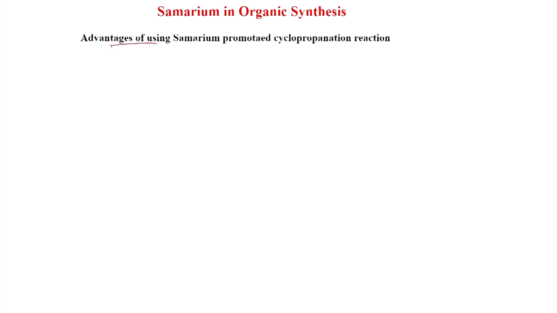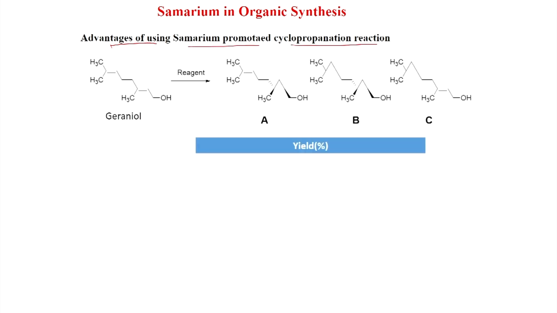Now, the advantage of using samarium promoted cyclopropanation is that here you can see two double bonds present. Of course, one is an allylic alcohol and this is a simple olefin, and this compound is called geraniol. Now, if you put the reagent, you can get three kinds of product.